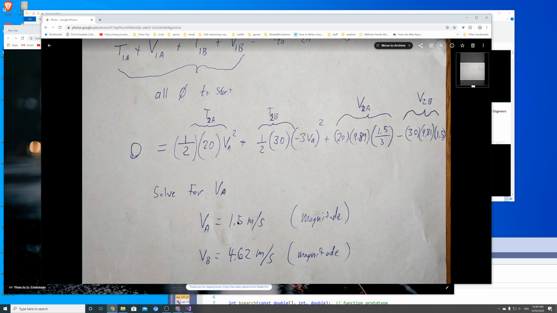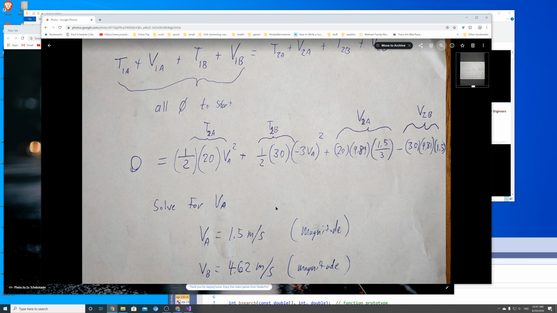Back at our original equation, the relationship between the two, 3 times VA essentially is equal to our VB. So this is negative 1.5 meters per second because it's going up. And then the other one, of course, is just 3 times that, which is going to be our VB, which is going down in the direction of what we consider to be positive going down.